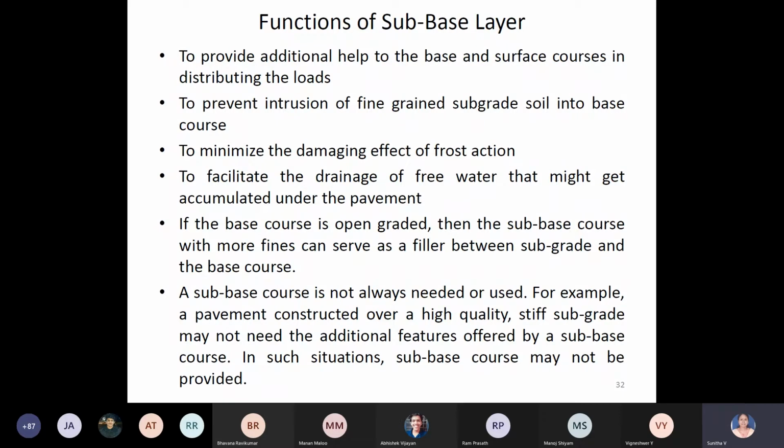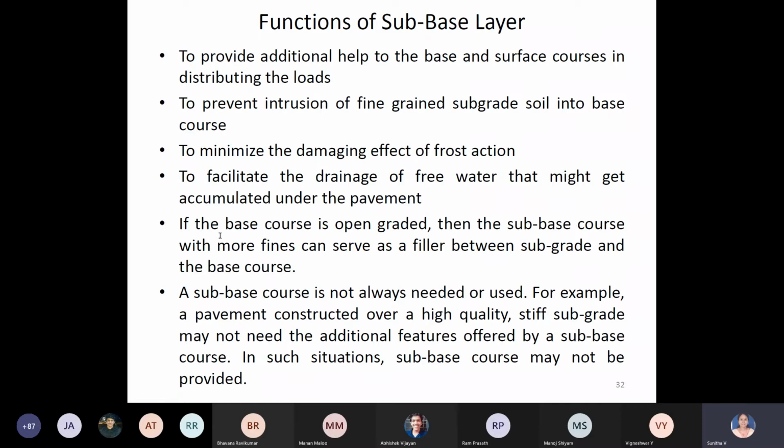Even if it enters, it should be able to drain off, such that it's not clogging or blocking there, which will damage the pavement. So the subbase layer should facilitate the drainage of free water that might accumulate under the pavement.